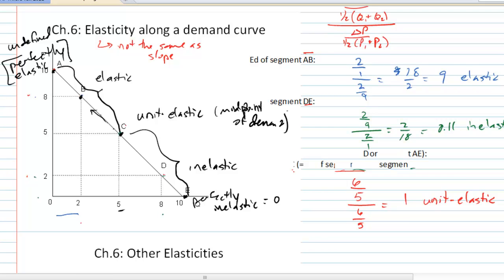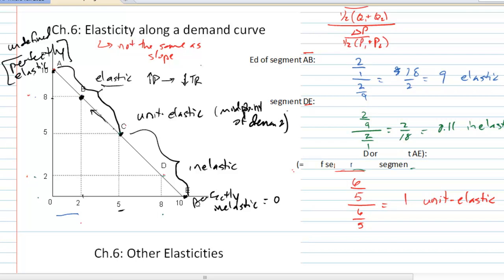Say that currently the producer's in the elastic portion of the demand curve. They're at point B, price of 8, quantity of 2. We know that if they raise the price, then the total revenue is going to, think about it for a second, see if you remember. Total revenue is going to fall.